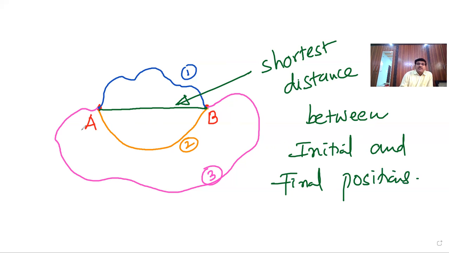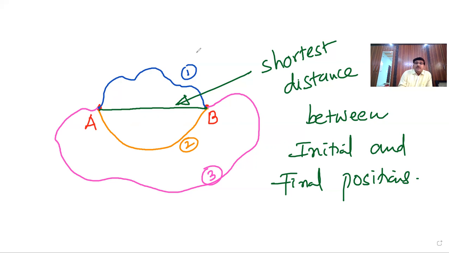Clear? Initial position is A, final position is B. This is known as AB bar, known as displacement. Now, the first one is also distance, the second one is also distance, the third one is also distance, and displacement is also distance, but it is the shortest distance between the initial and the final position.